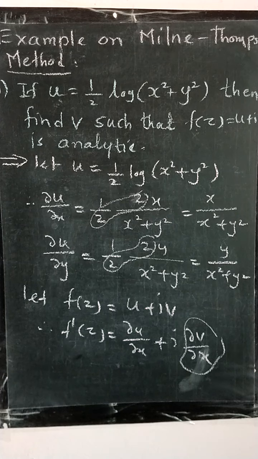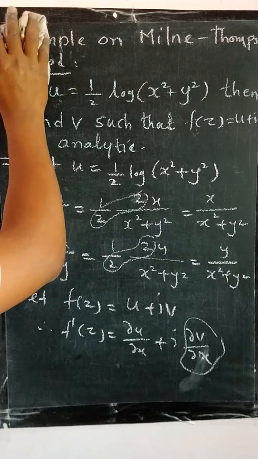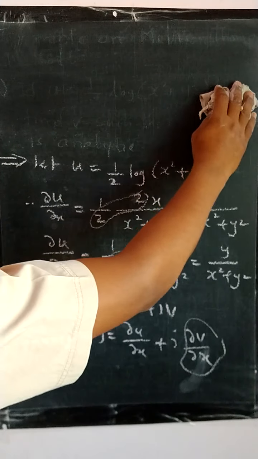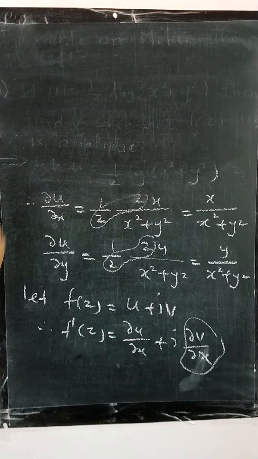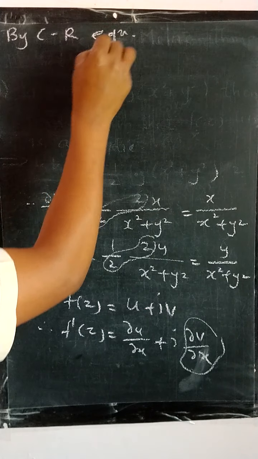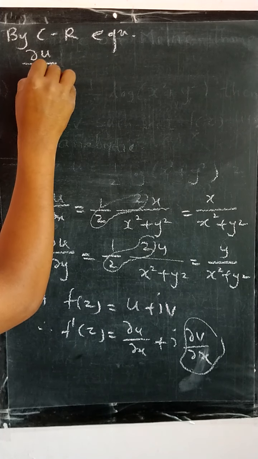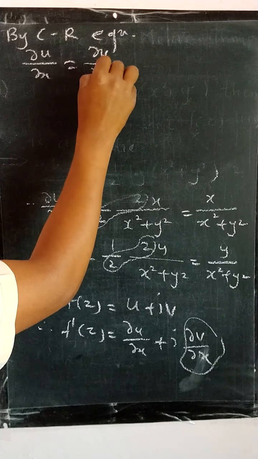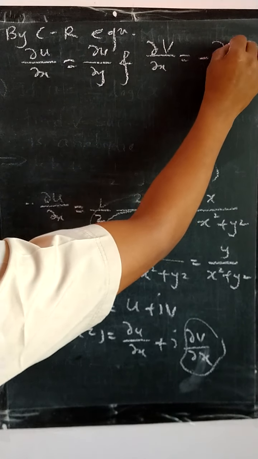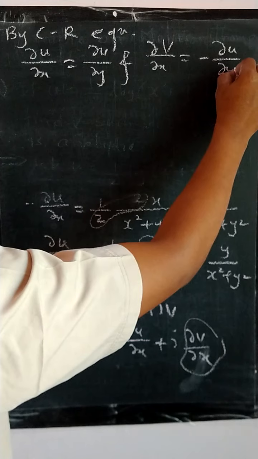But since we are finding the analytic function, and an analytic function satisfies the CR equations, we can use the CR equations. By the Cauchy-Riemann equations, partial derivative of u with respect to x is partial derivative of v with respect to y, and partial derivative of v with respect to x is minus partial derivative of u with respect to y.